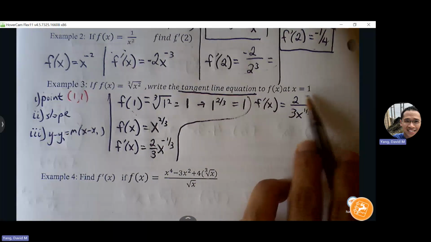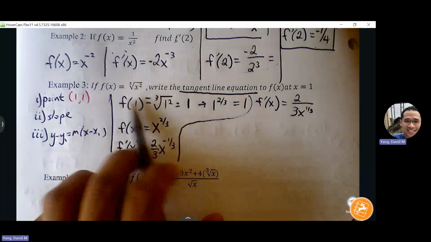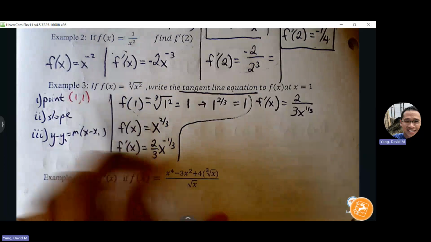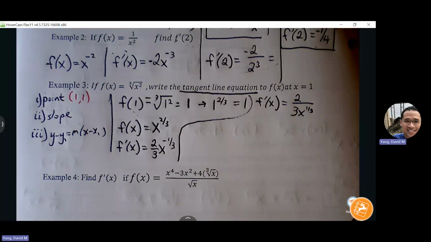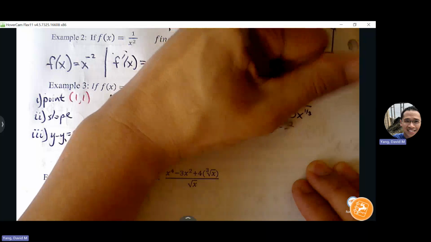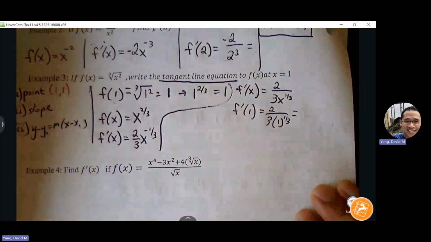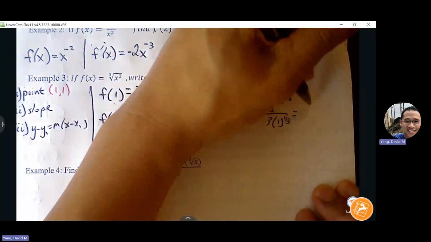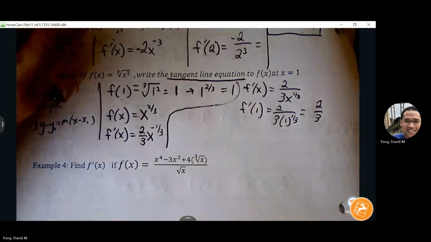So look at how important both functions are. The f of x will give us the location for the point, and the derivative will give us the slope. They're both different pieces of information, but they're both talking about the same graph, right? Okay, so f prime of 1 is just 2 over 3 times 1 to the 1/3. What does that reduce to be? Just 2/3, right? That 1 is just going to be 1, so 2/3. So there's my slope. My slope is 2/3.